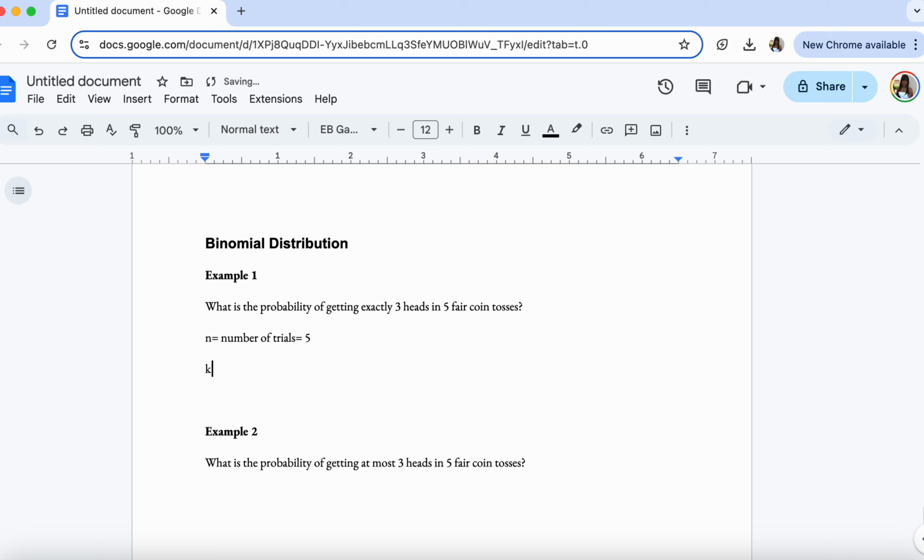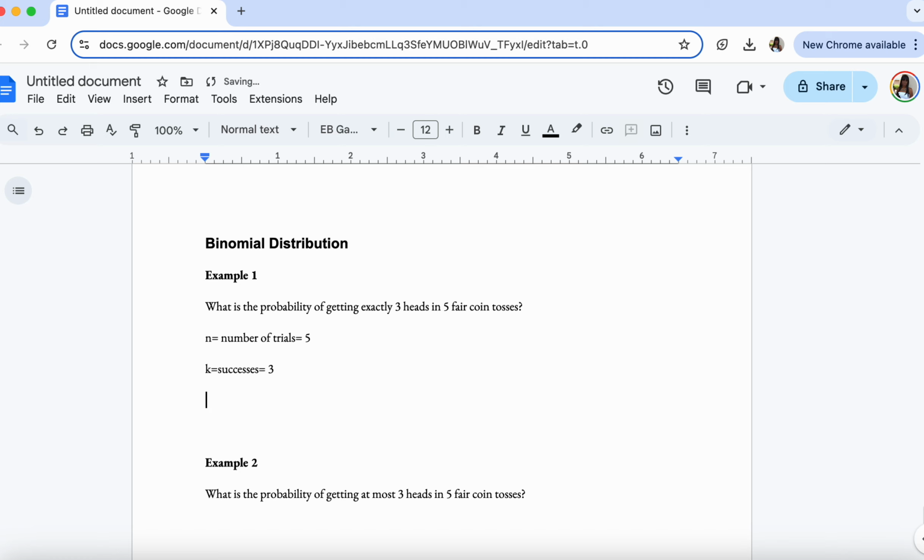We also need k, which is our successes, and the successes that we want here are 3 for the 3 heads. And finally, we need p for the probability of success. Since it's a fair coin, the probability of success is 0.5 or half.